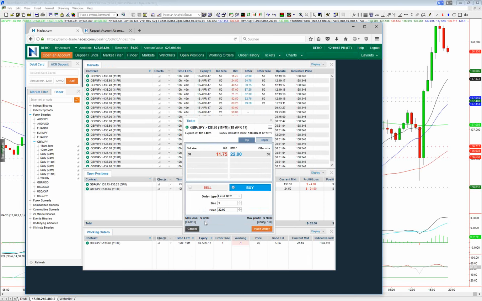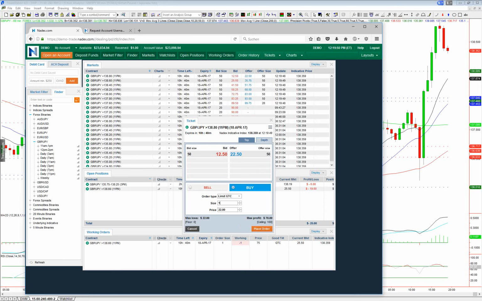This is of course nicer than just 2 to 1, but I'm paying for this with a greatly diminished probability that this trade could be a potentially profitable trade. Now, keep in mind, you always want to balance time to expiry with the probability that this is going to work out, and also the reward to risk ratio. Those are the 3 elements that you want to balance. Always keep that in mind.